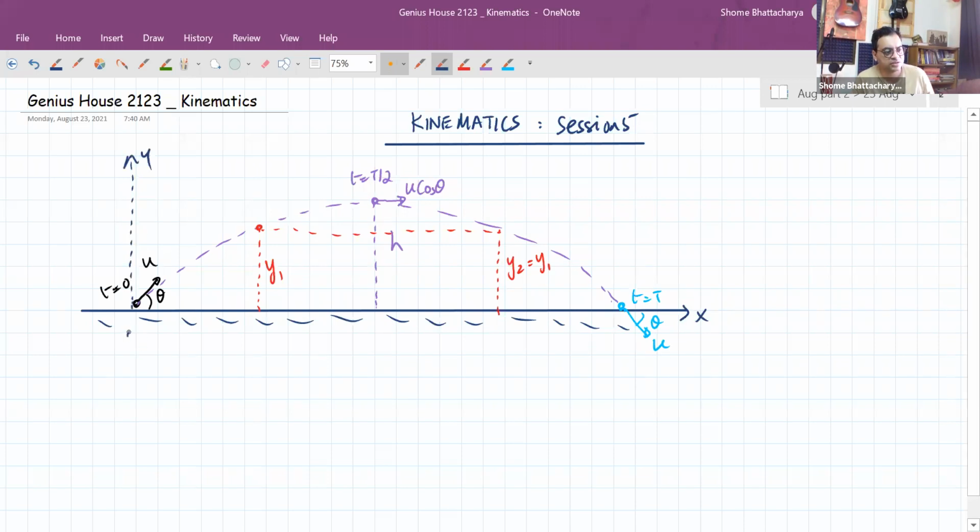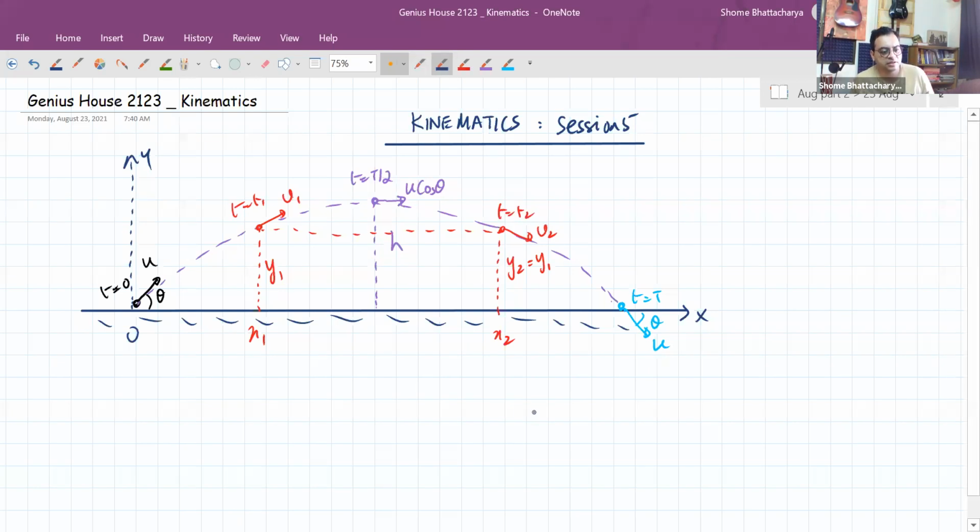This point of projection is the origin. So this coordinate is x1, this coordinate is x2. This velocity is v1, this time is t1. Then this velocity is v2, this time is t2.